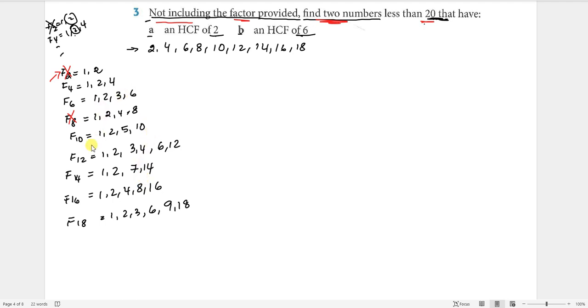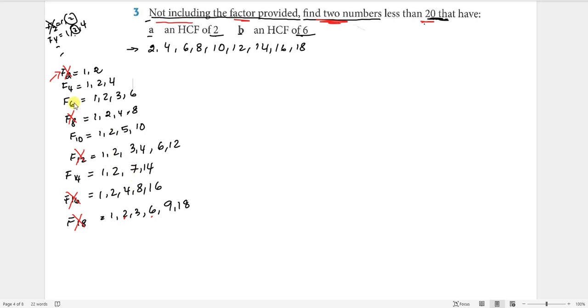F8 is done. F12: we have 6. Yes, 6 is appearing here, so we are going to cancel out 12. Let's say 16 is appearing for 8, so we are going to cancel this one out. For 18 we have 6 as well, and we have 2, so we cancel out 18 as well.